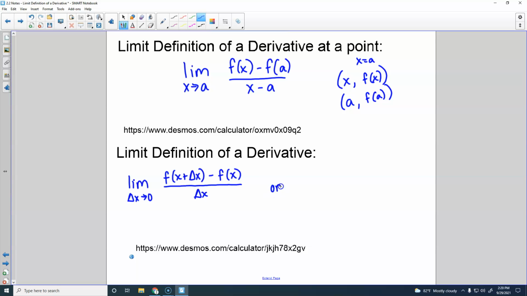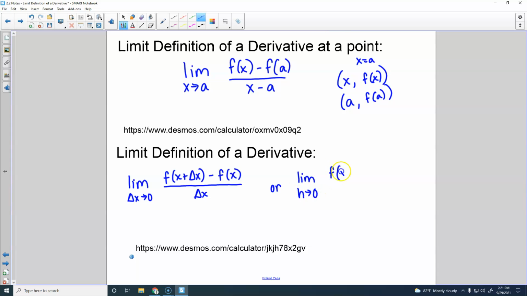Our textbook uses a delta x, which you've seen in some problems before, where we were actually doing derivatives, but you just didn't know you were doing a derivative at that point. And usually AP stuff tends to use an h instead of a delta x.